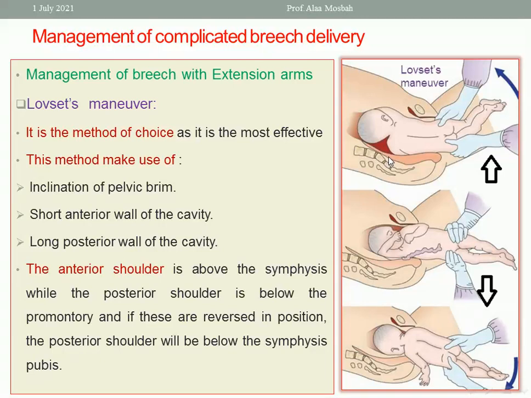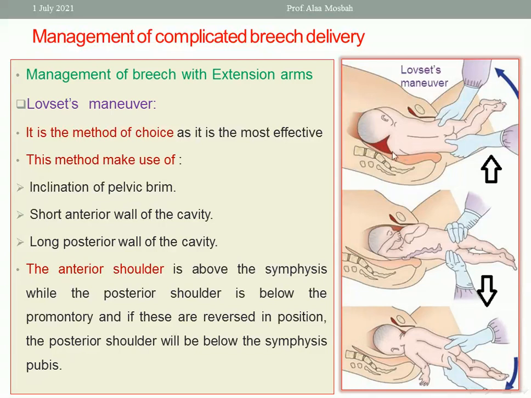And if these are reversed in position, the posterior shoulder will be below the symphysis, and this is what we are going to do. If this shoulder is rotated in this direction, this arrow denoting the direction of rotation, we rotate 180 degrees or half a circle, okay?